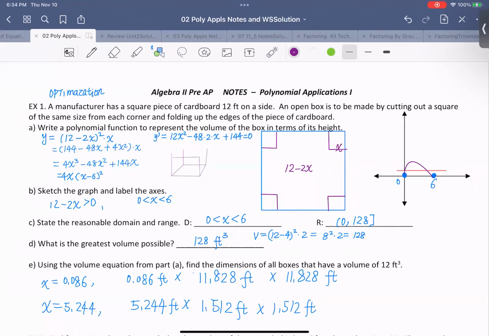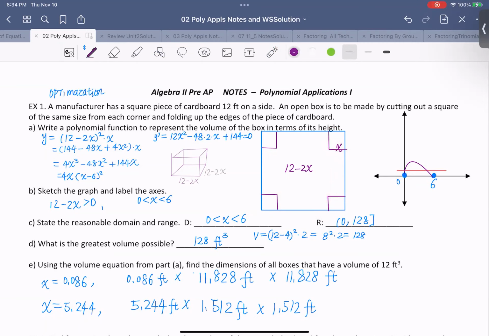so you have this box. This side is going to be, this total is 12. So this is going to be 12 minus 2x. You cut this by x, so this piece is 12 minus 2x. This side is also 12 minus 2x.